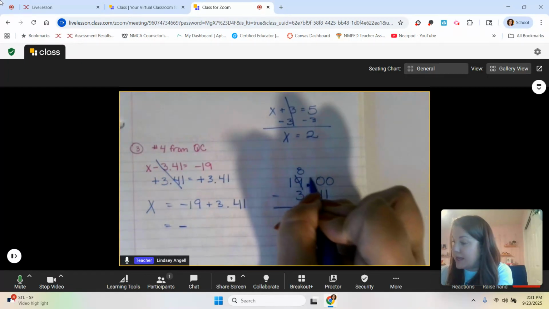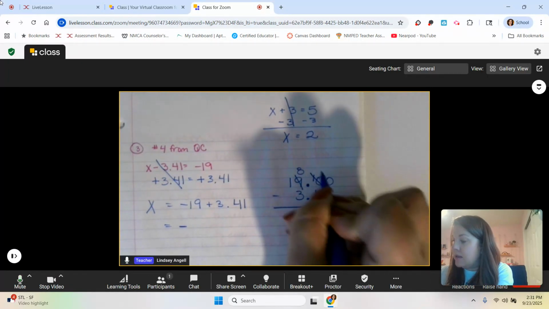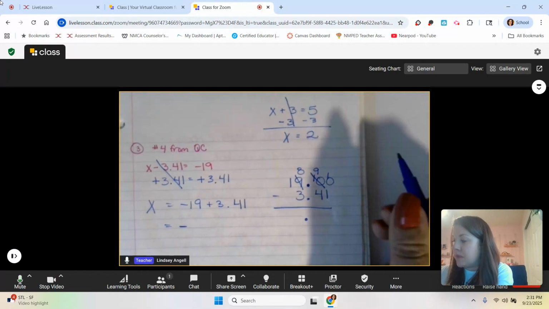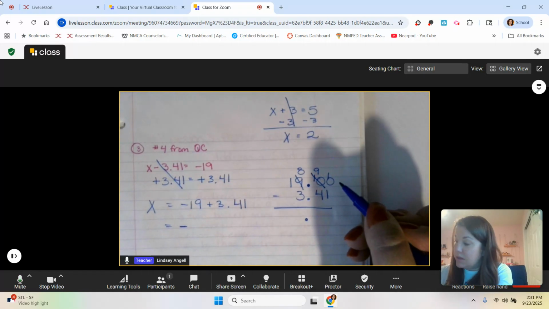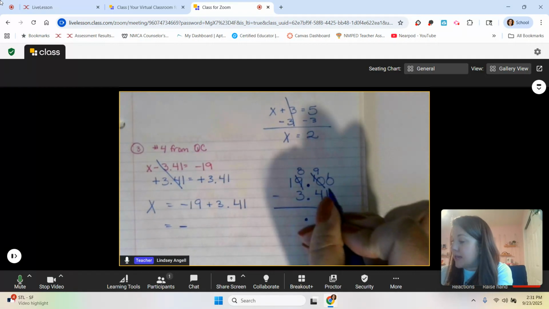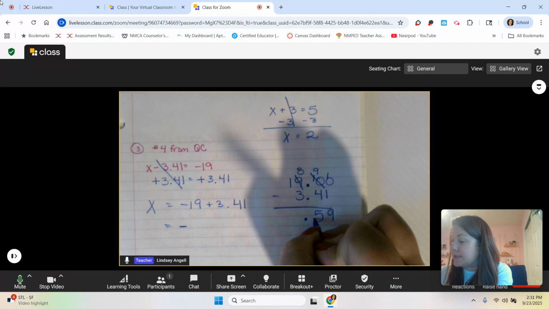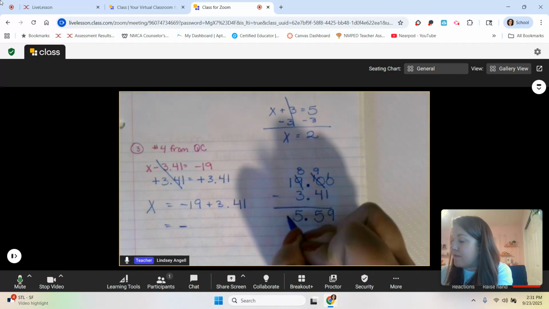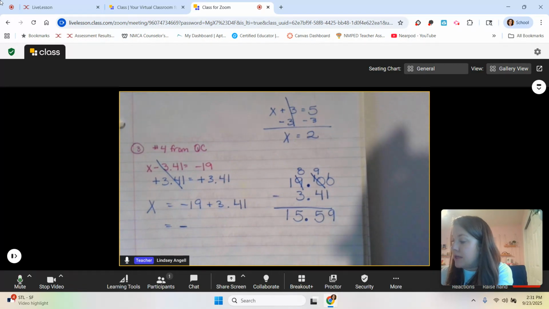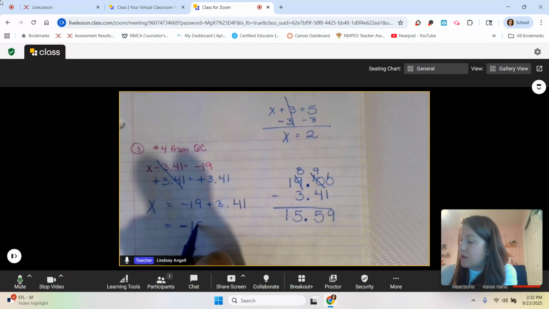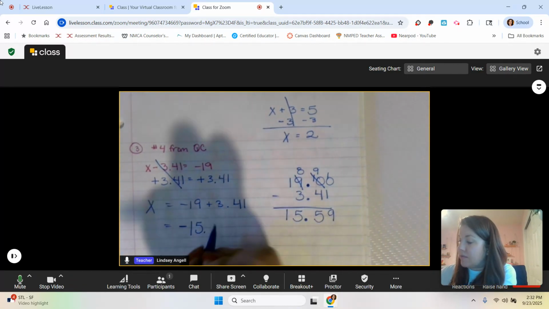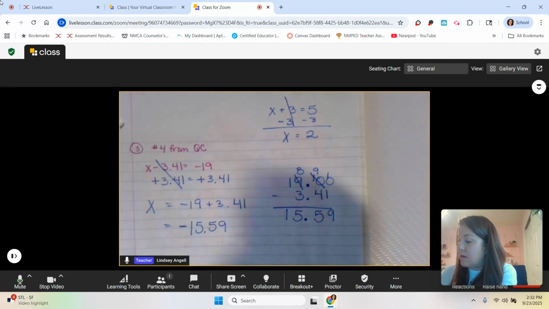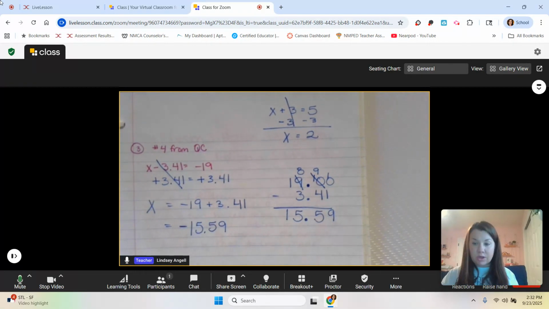That'll become an 8. This becomes a 10. Borrow from that one. And now I'm good to go. 10 minus 1 is 9. 9 minus 4 is 5. 8 minus 3 is 5. And then 1 minus 0 is 1. So giving me a final answer of negative 15.59.